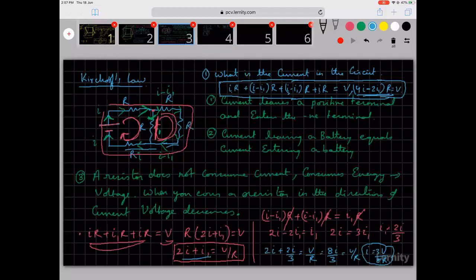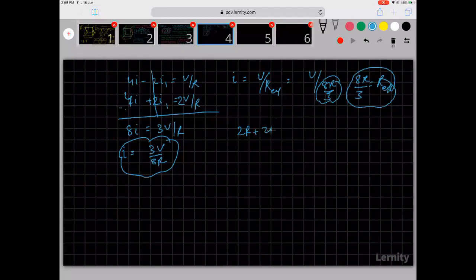Now these two are in series, 2R. 2R and R are in parallel, so the net is 2R by 3. 2R and 2R by 3 are in series, so it is 2R plus 2R by 3. That is 8R by 3. That is what we got.